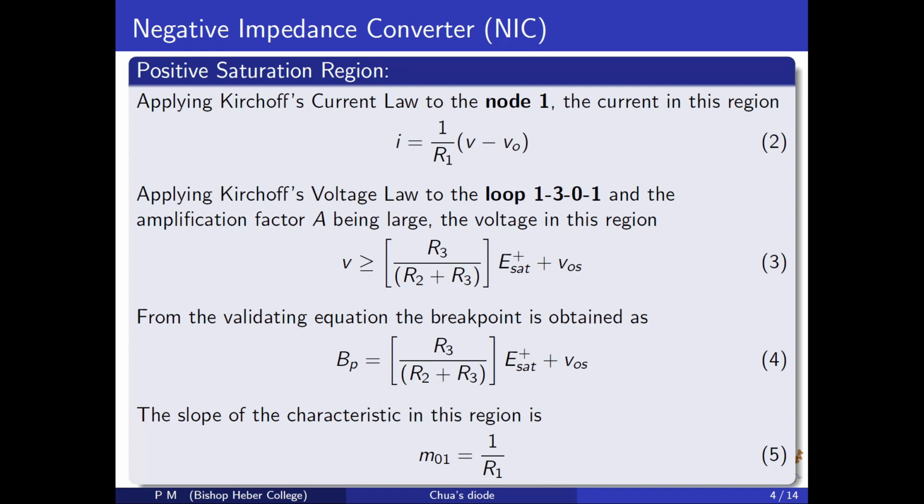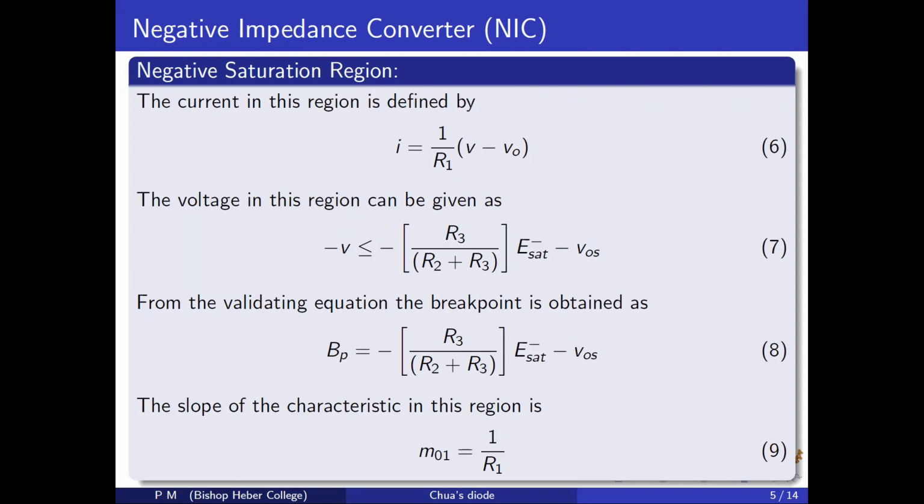For the validating equation, the breakpoint is obtained as BP is equal to R3 divided by R2 plus R3 into positive E saturation plus offset voltage. The slope of the characteristics in this region is M01 is equal to 1 by R1.